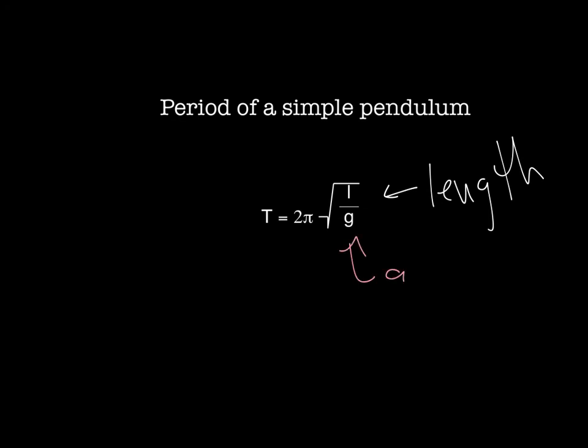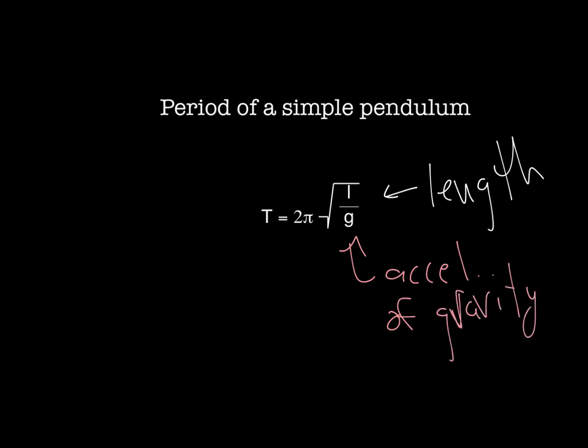So now that we've seen the stuff, let's talk about the equation for the period of a simple pendulum. This equation is T equals 2 pi times the square root of L over g, where L is, of course, the length of the pendulum, and g is the acceleration of gravity, just as it always has been.